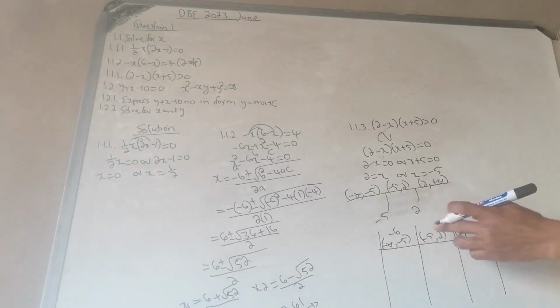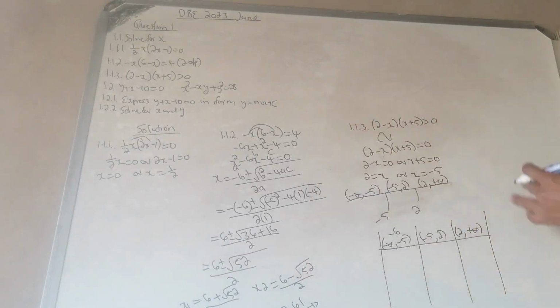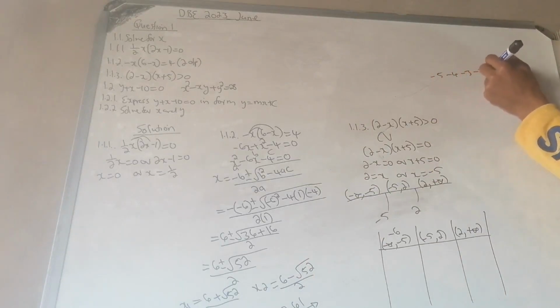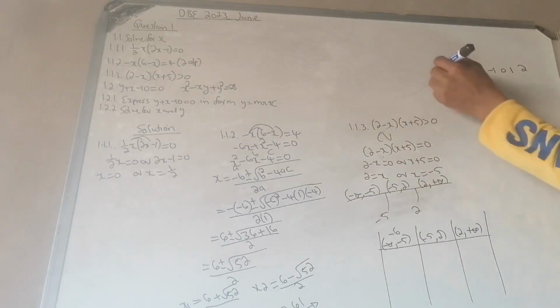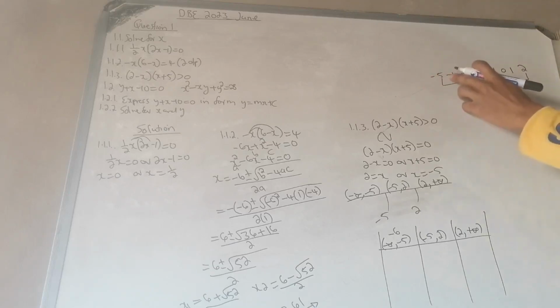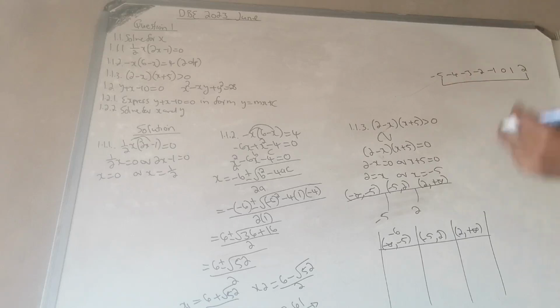You are looking for a value that is between minus 5 and 2: minus 4, minus 3, minus 2, minus 1, 0, 1. You can take minus 4 or minus 3 or whatever value as long as it is in between. I'm going to take 0, but you can take any value. A value that is greater than 2 is 3.